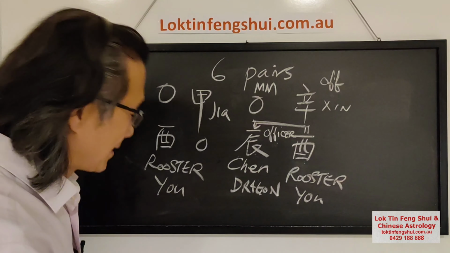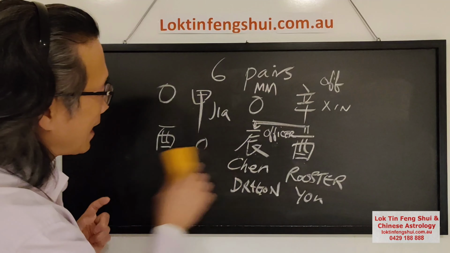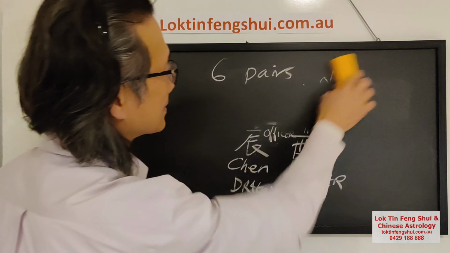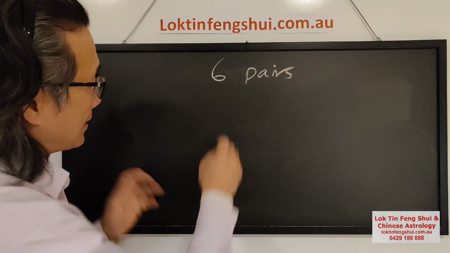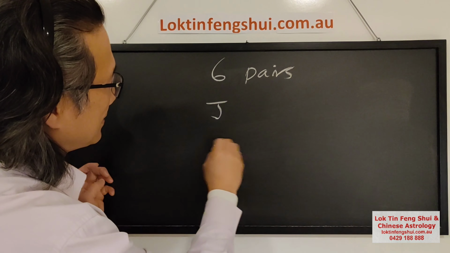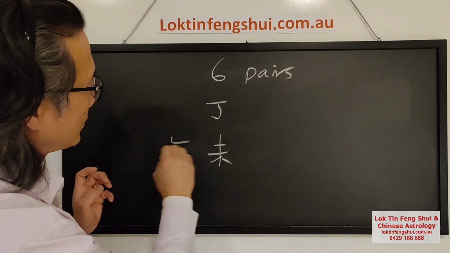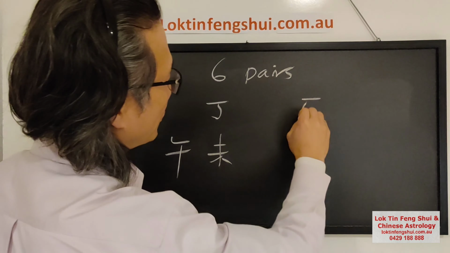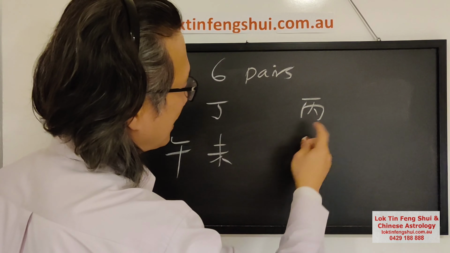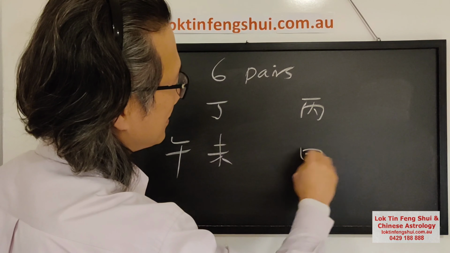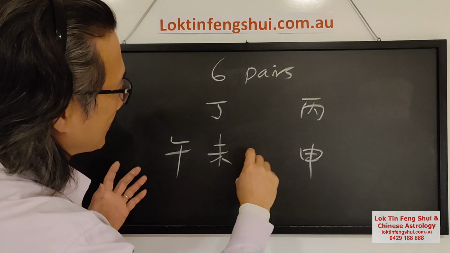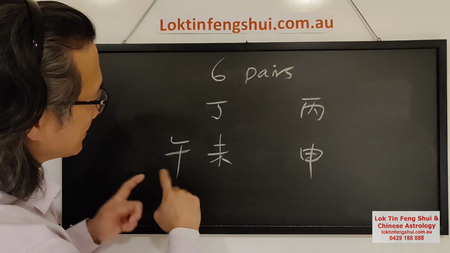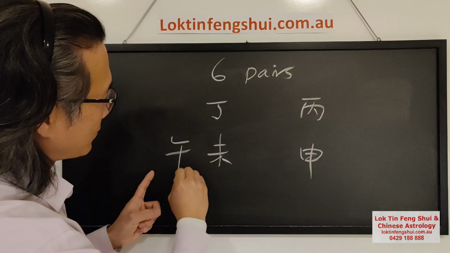It's like this. Then we have another type of bonding. For example, let's say it's a Ding, Ding Wei, born in the Wu hour, and born in the Bing monkey year. So that is another secret friend six pair bond.